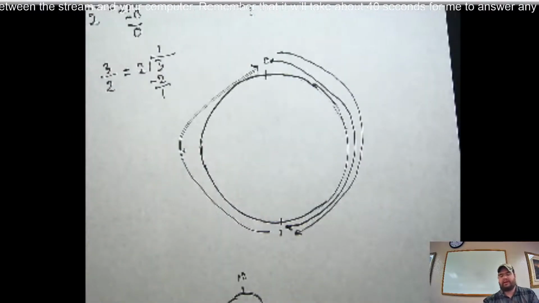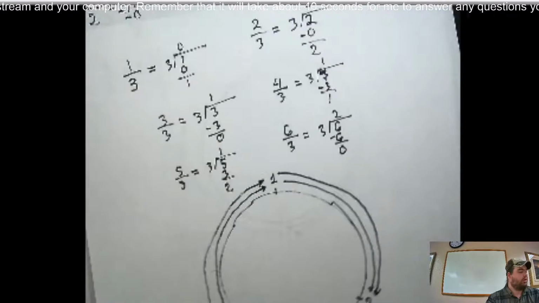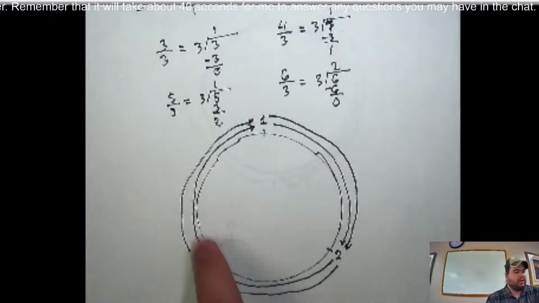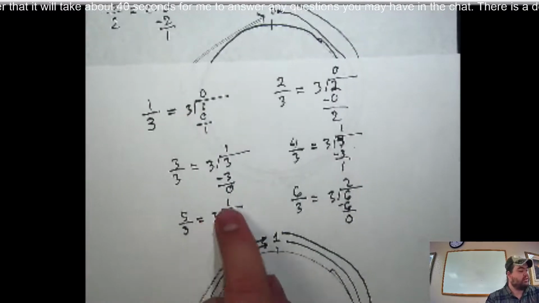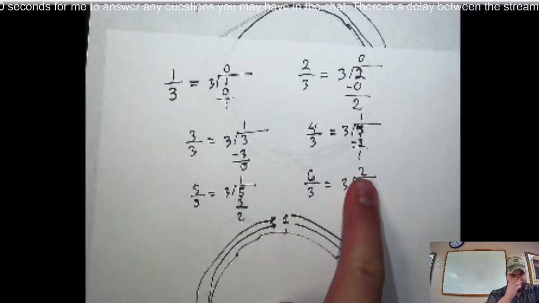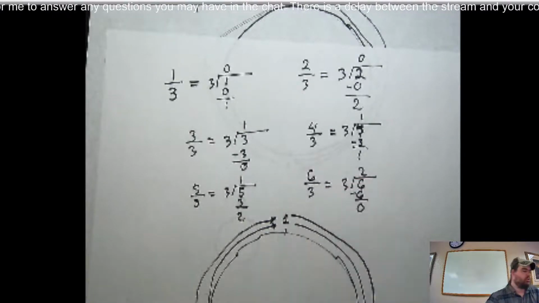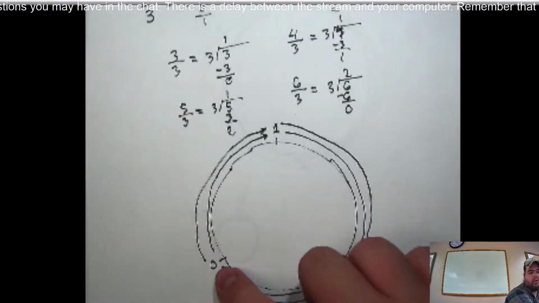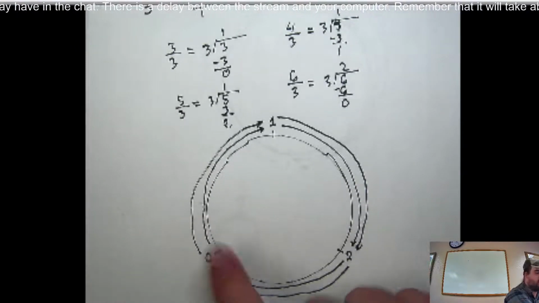So like, let's get back to mod 3. There's 3 positions on here, right? But using this quotient, we can know how many times we've been around the circle. So going from here to here to here and then back is one complete rotation.